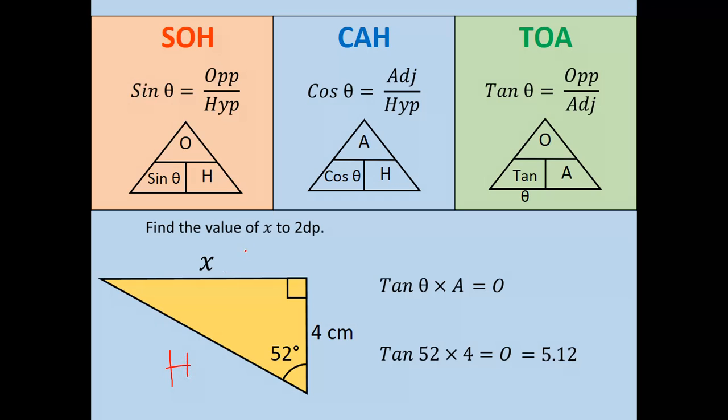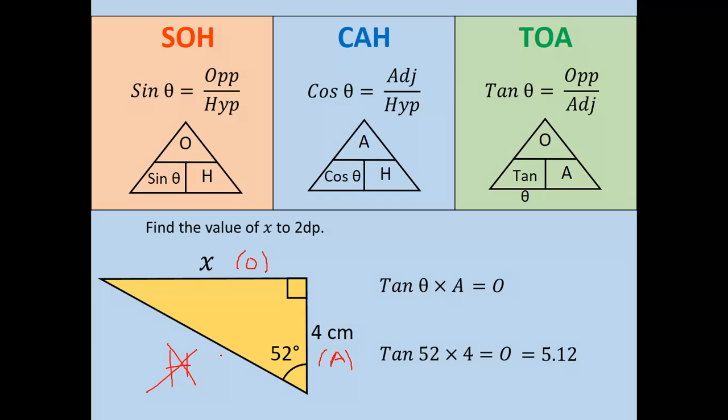That's the side opposite to the angle, which is O. That's next to the angle, which is A. Notice now I'm going to cross out H because there is no side given or no letter.